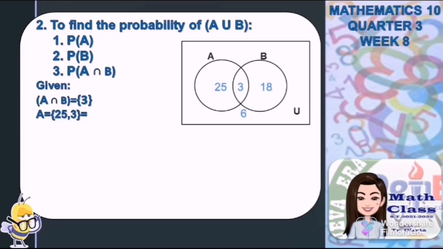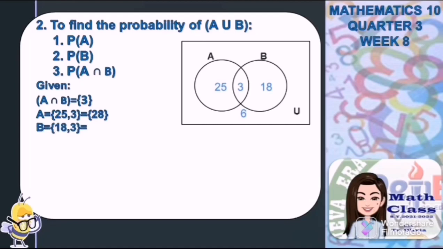We're going to list the elements in set A, which are 25 and 3. So like what we did a while back, we're going to add the elements. So 25 plus 3, the sum is, okay, very good, that is 28. For set B, we're going to list also. So we have here 18 and 3.